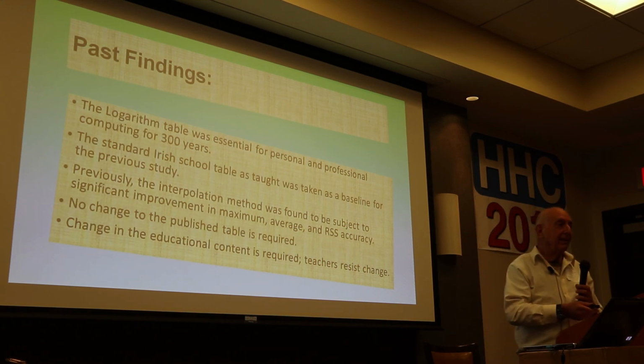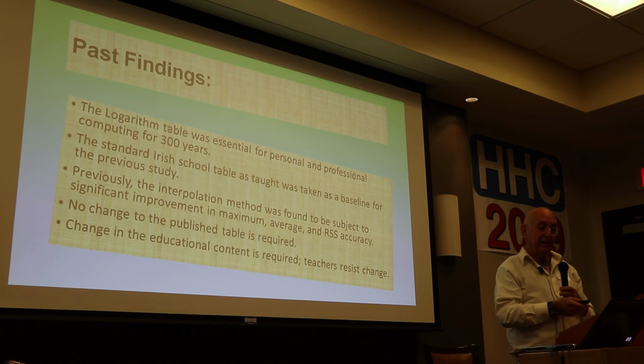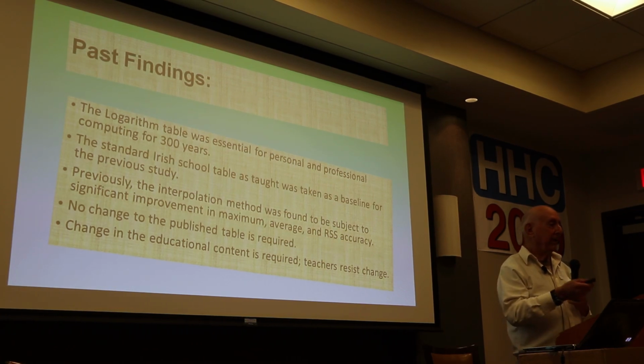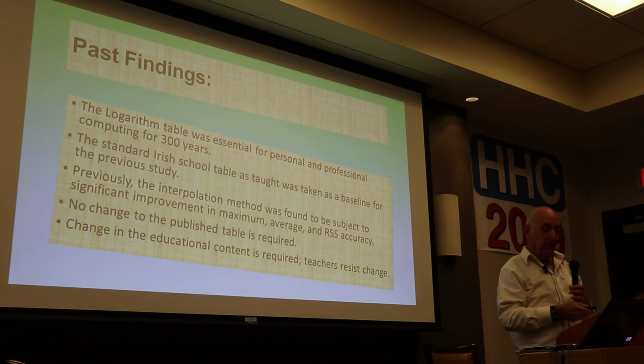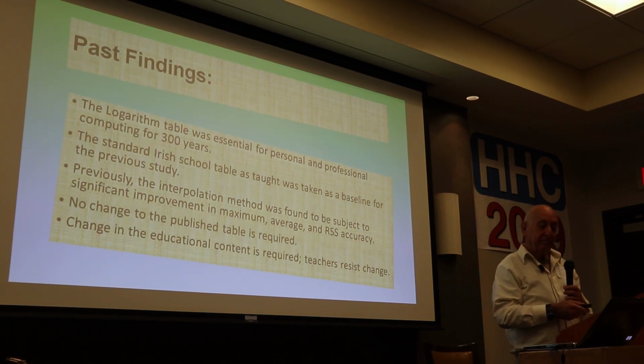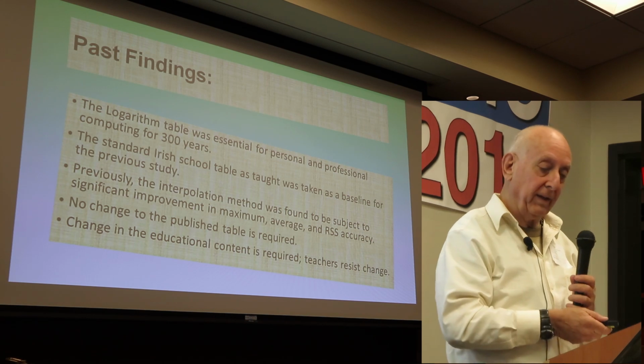So the log table has been around for a long time, and the standard Irish table, which is the same that we use in the California public schools, is just a little 4-digit table. It's really not much better than a slide rule when you consider the inaccuracies in it.